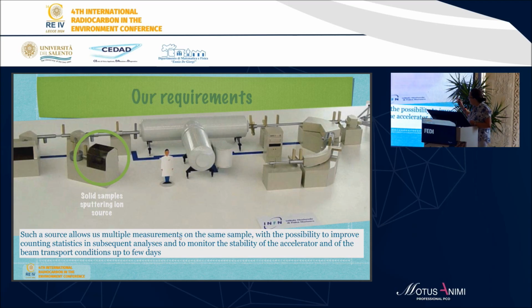And we have a solid sample sputtering ion source. So we have to deal, yes, with small samples, but with solid small samples. And what I would like to underline is that in our configuration, we are happy to have a solid ion source.